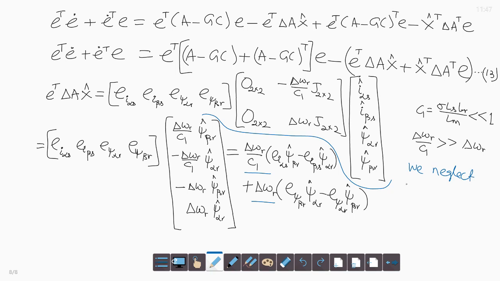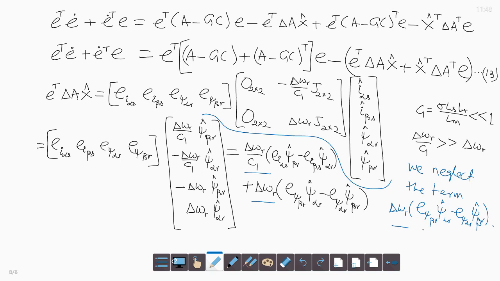the term, delta omega r, the last term, into E psi beta r into psi alpha r hat minus E psi alpha r into psi beta r hat. We neglect this because delta omega r is very small compared to delta omega r by C1, and the other bracketed term is almost the same.